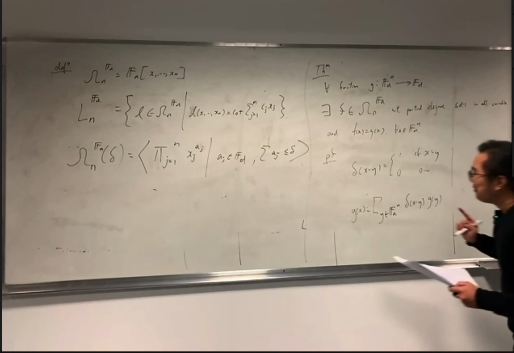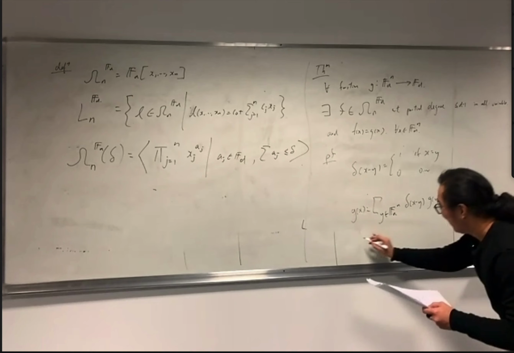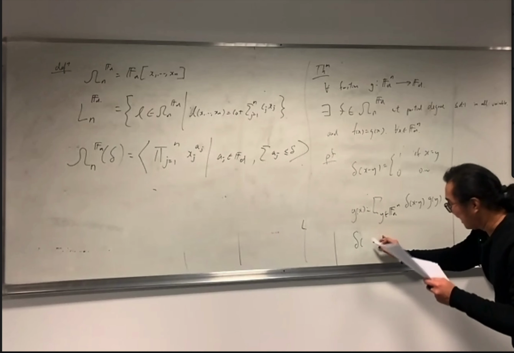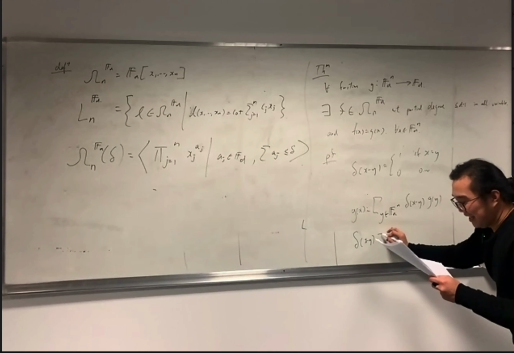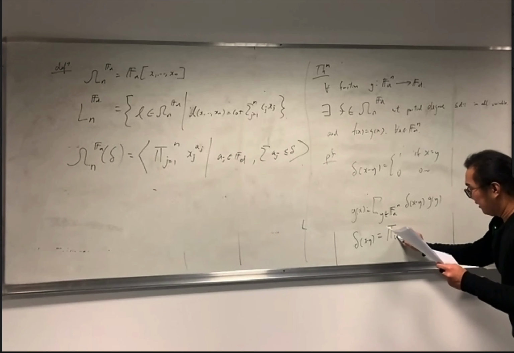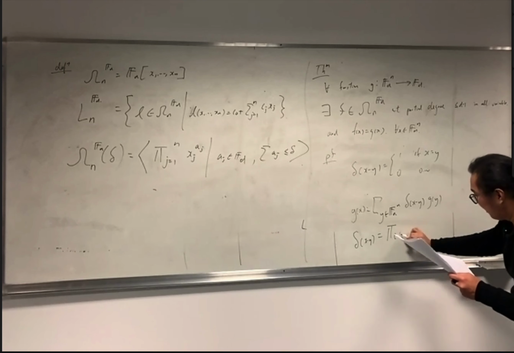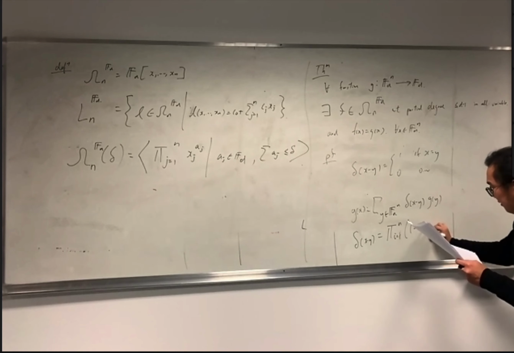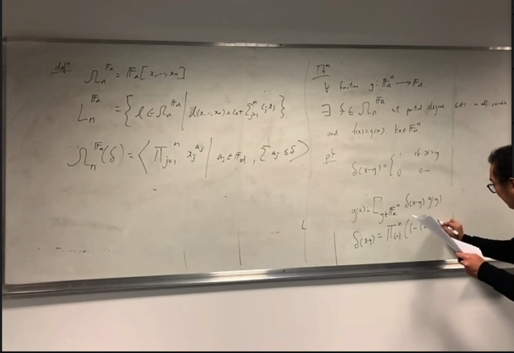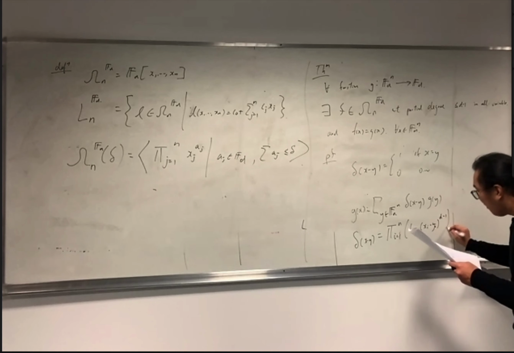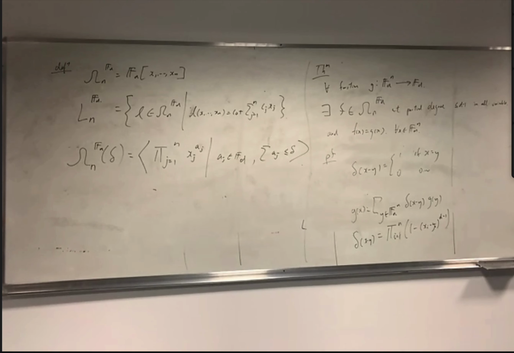Actually, the delta function can be expressed as this. That's the whole idea of the proof.